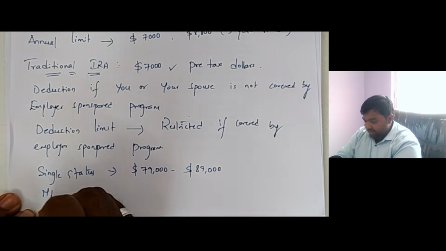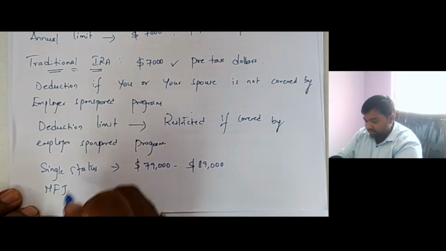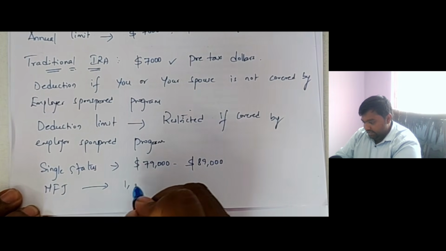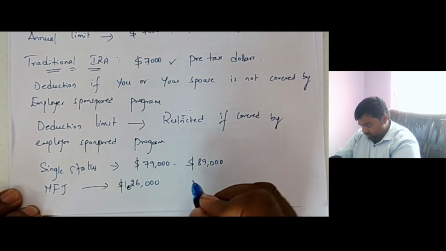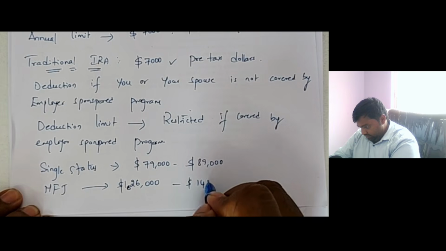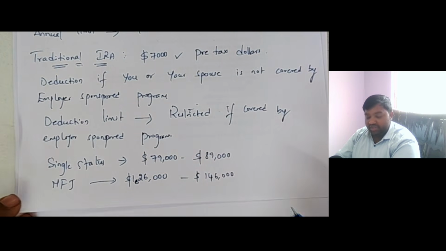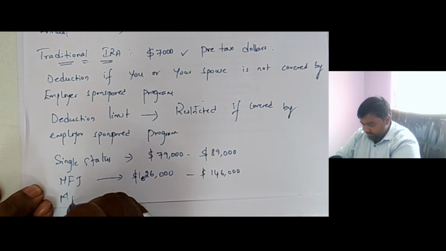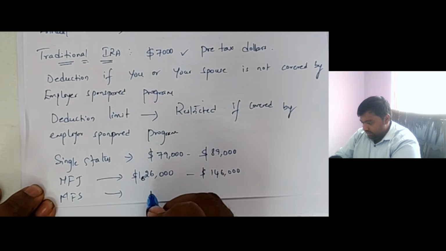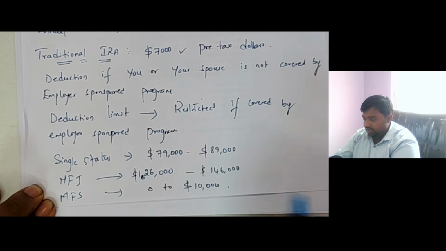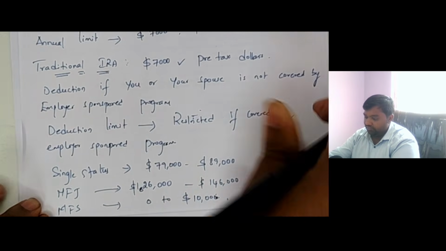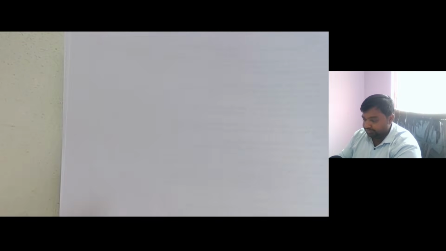For married filing jointly, the limit is 126,000 to 146,000 US dollars. For married filing separately, it is 0 to 10,000 US dollars. How it is restricted and all, let me explain by taking one example.